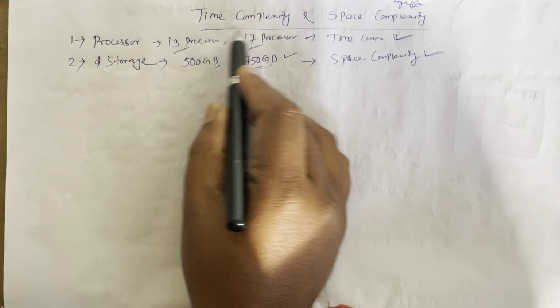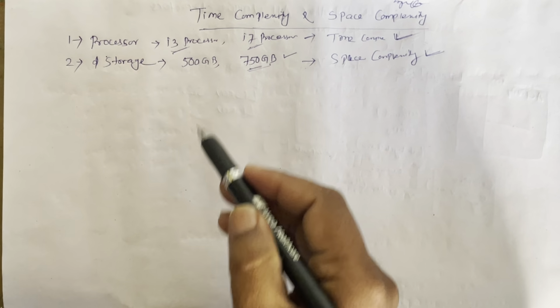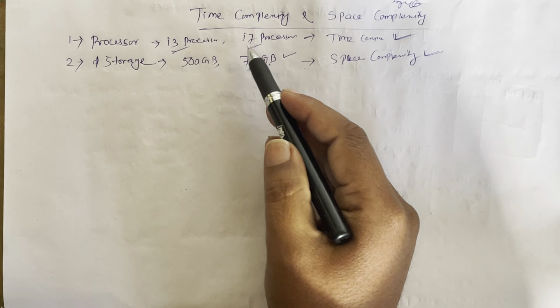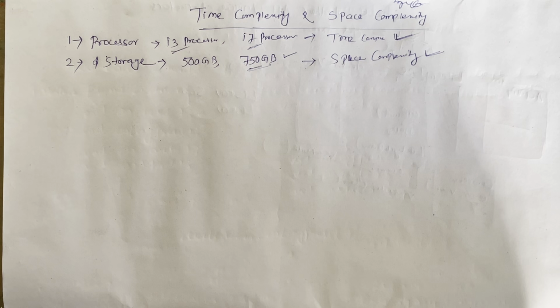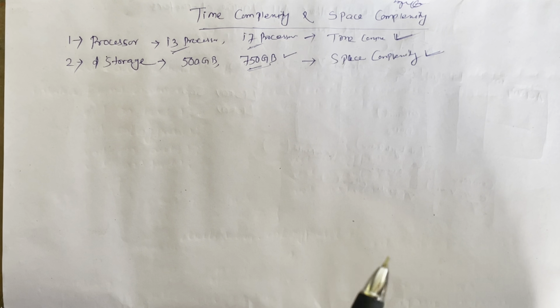Another thing we can ask: if some task is taking more time in an i3 processor, then instead I will go for an i7 processor. Yes, we can go for an i7 processor, but the alternative approach is to get the same thing done in the same amount of time on an i3 processor by optimizing your task.